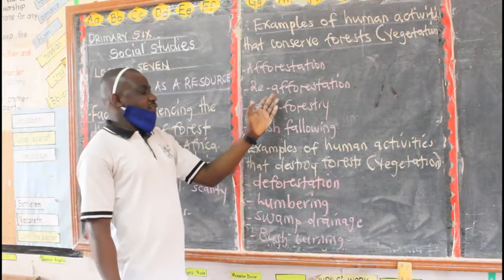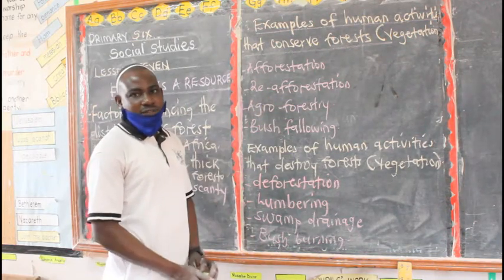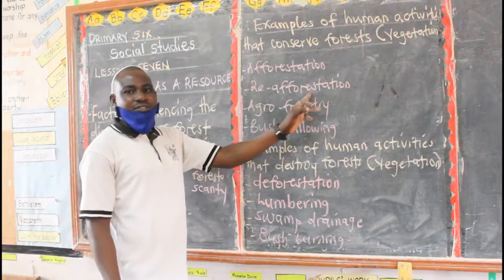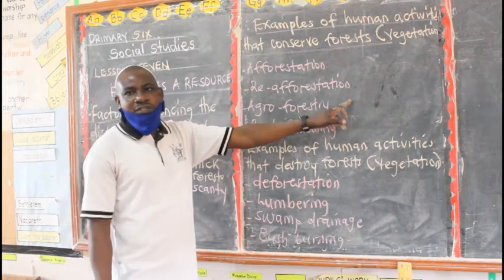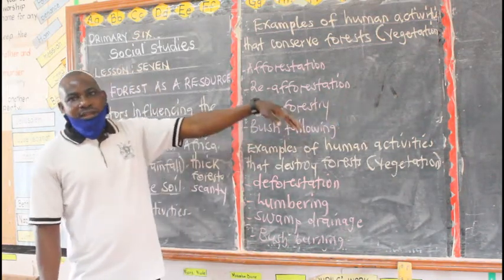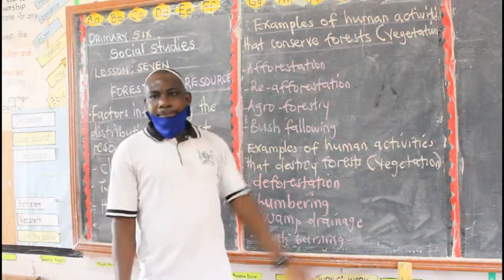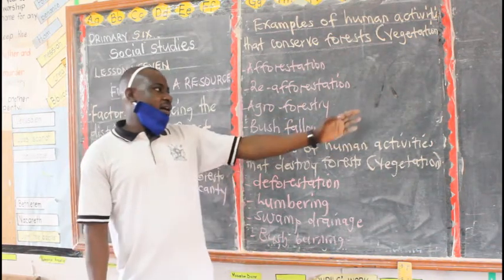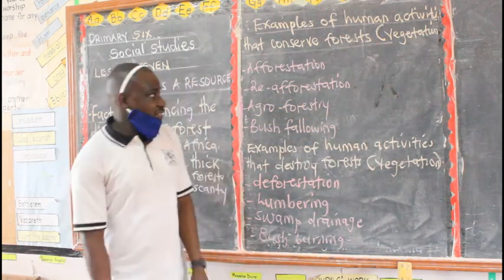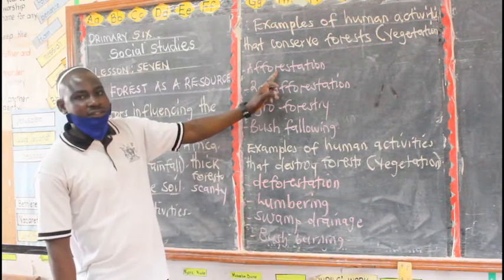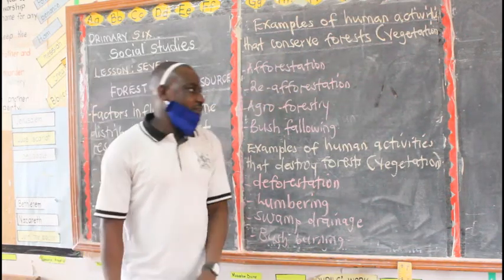Then the second one is reforestation. When we talk of reforestation, we mean the planting of trees in areas where they have ever been or where they have ever existed. So there's a difference between afforestation and reforestation.